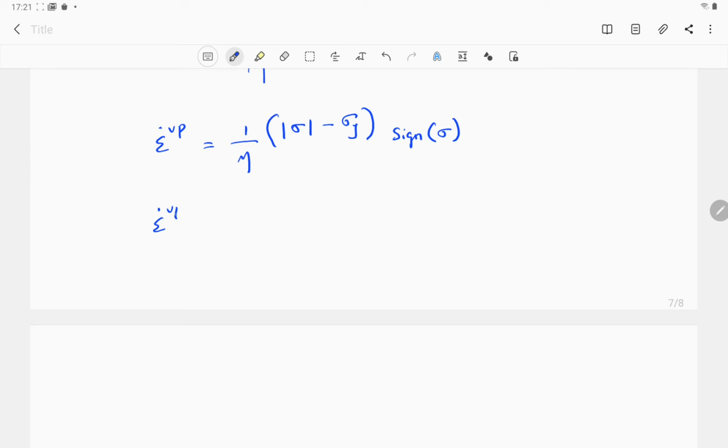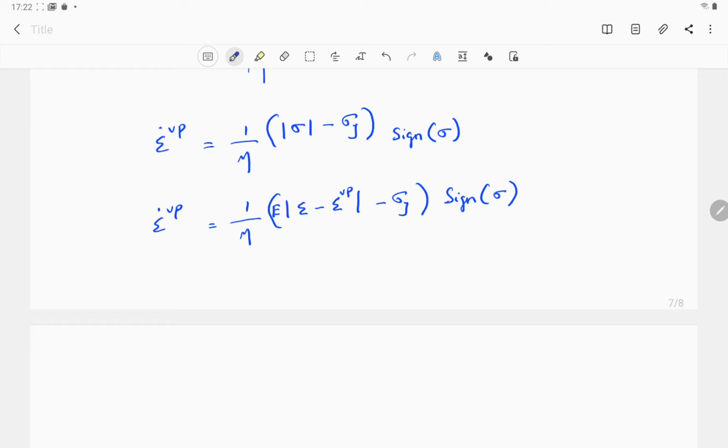Epsilon dot Vp is equal to 1 by eta modulus of, there will be Young's modulus into epsilon minus epsilon Vp, minus sigma y, sine sigma.